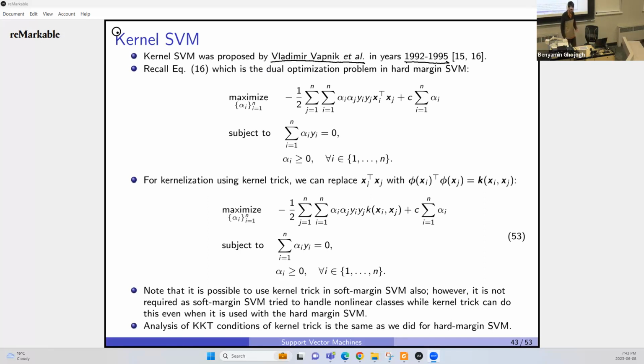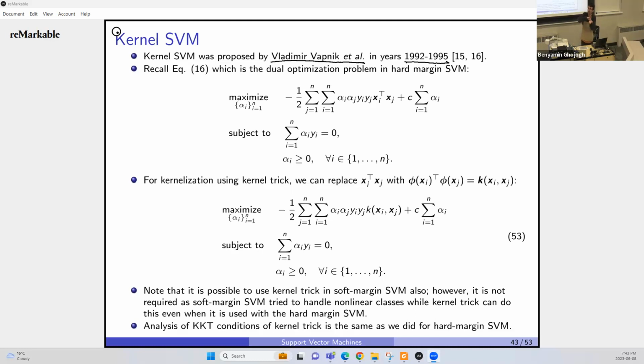Why? How can we find out? Kernel was not an easy concept. Kernel was first in functional analysis of mathematics, one of the hardest parts of mathematics. David Hilbert worked on that around the end of the 19th century and the start of the 20th century.